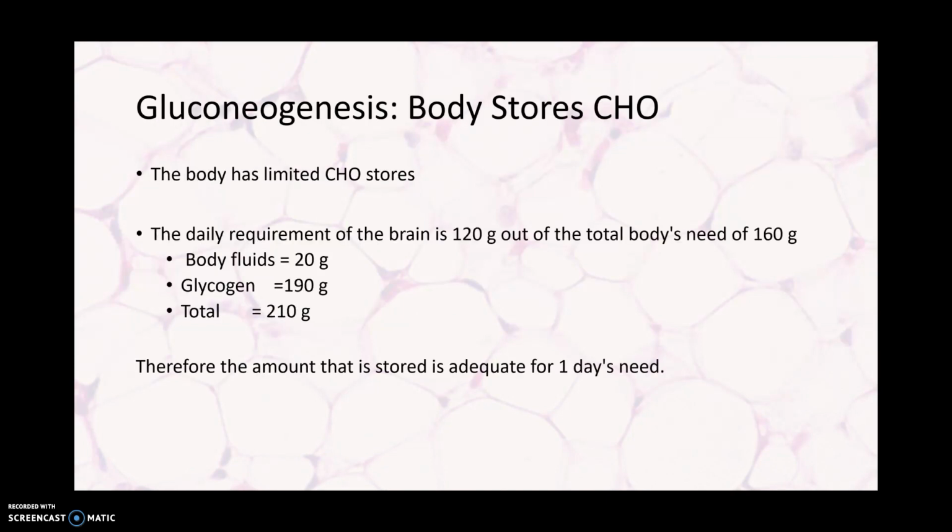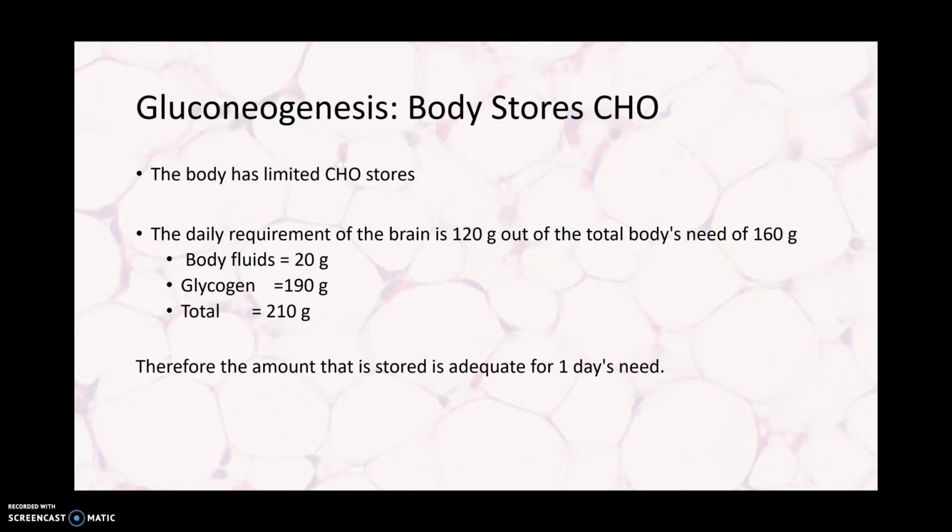Okay, when we start talking about gluconeogenesis, we have certain body stores of carbohydrates, right? Last week we talked about how we have glucose circulating in the bloodstream, as well as we have glycogen stores within our muscle fibers. To give you an idea, we do have very limited carbohydrate stores. The more you train, you can enhance your carbohydrate stores or your glycogen stores. However, just to give you a reference point, the daily requirement of the brain is about 120 grams out of the total body's need of 160 grams for the day.